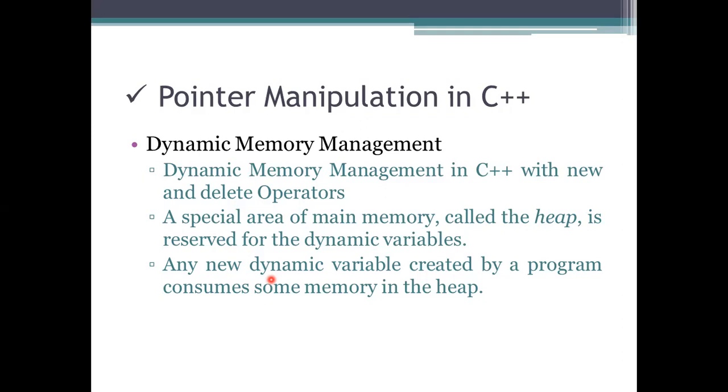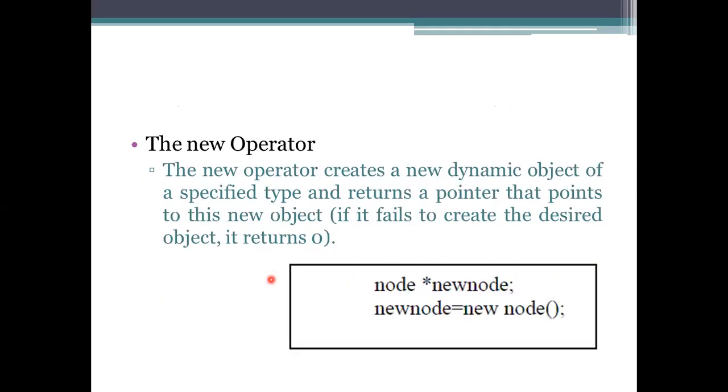For this, we are using two operators, that is new and delete. So here we need to create these elements dynamically. We need to allow the user to access the memory spaces. To create a node, to create a space for a variable, for a value, we use the new operator, and to delete that one, we use the delete operator.